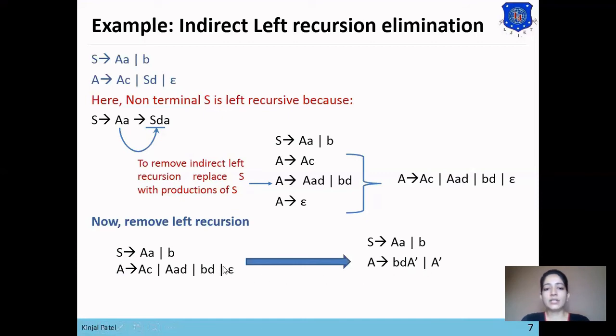As there is no string in the null, null is an empty string, so we can directly write A dash. Now in the next level, A dash produces, we'll select the remaining part, that is alpha.